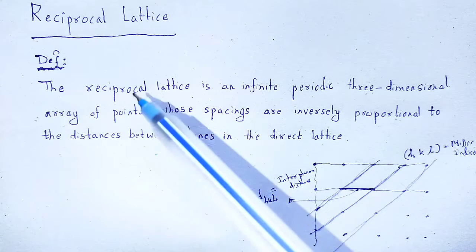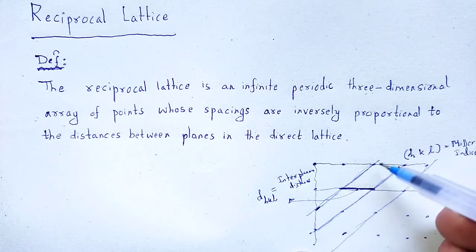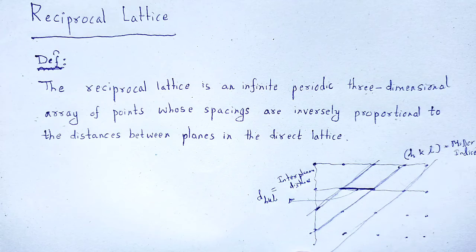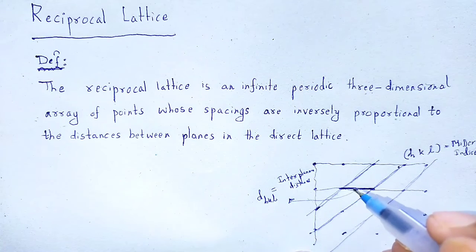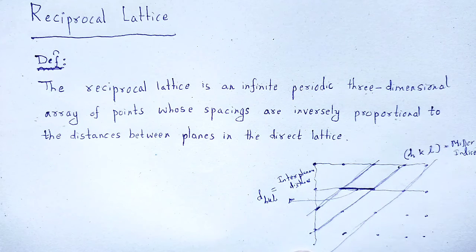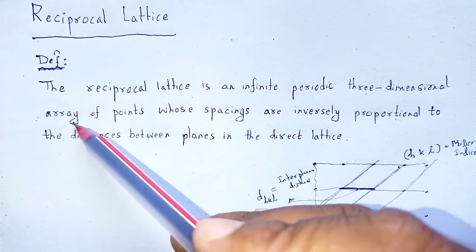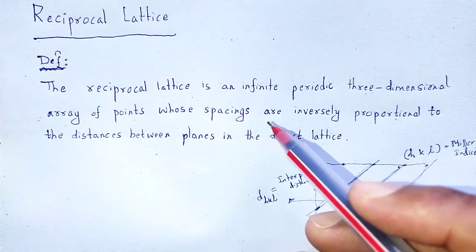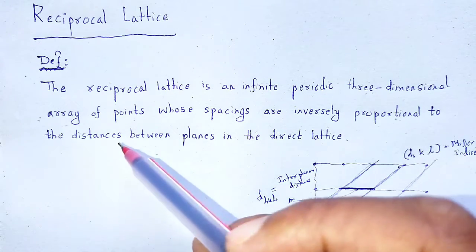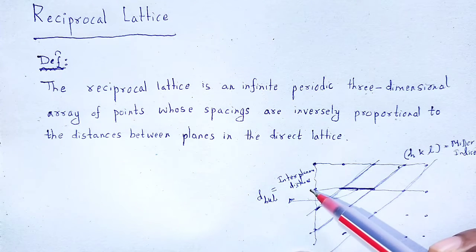So, what is reciprocal lattice? Reciprocal lattice is a lattice point. Instead of those parallel planes, we can use just a point. So, reciprocal lattice is an infinite periodic three-dimensional array of points whose spacings are inversely proportional to the distances between the planes in the direct lattice.